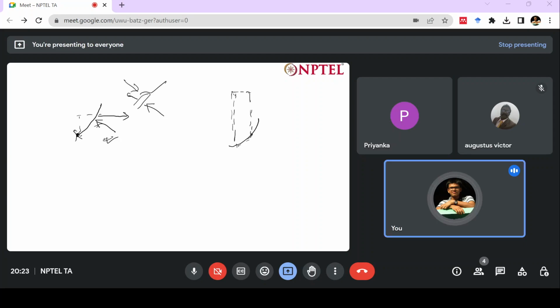Okay. So let's try to understand this. Let this be a control volume, for example. If these sides are vertical, is any net force acting on this side? Nothing is acting on this side, right?